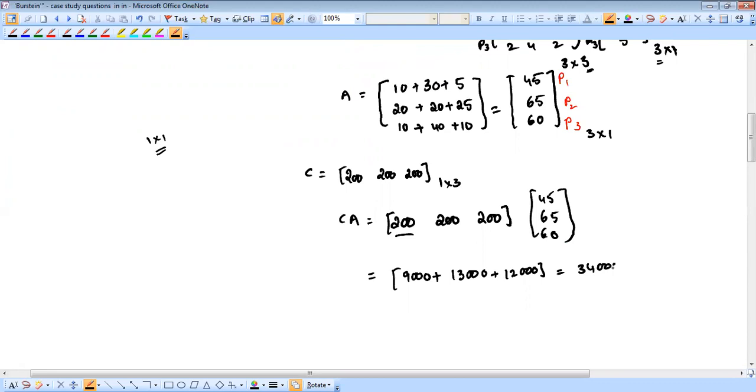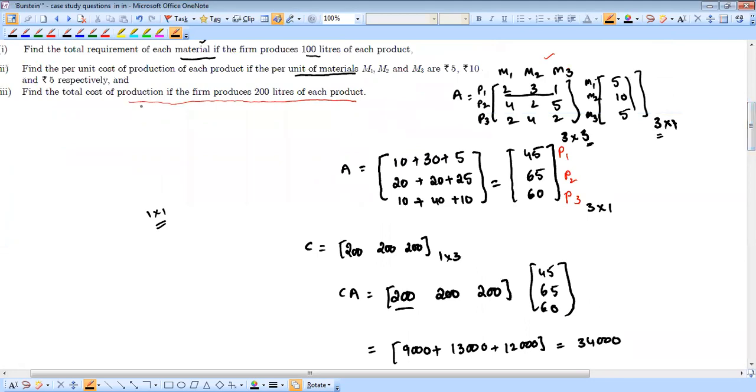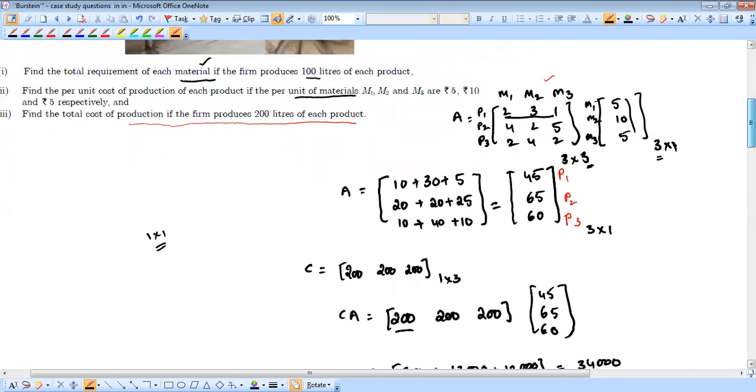Total 34,000. It's not rupees, 34,000. So what is this? The total cost. Yes, this is rupees only. The total cost of production if it produces 200 liters. So total 34,000 rupees it takes.